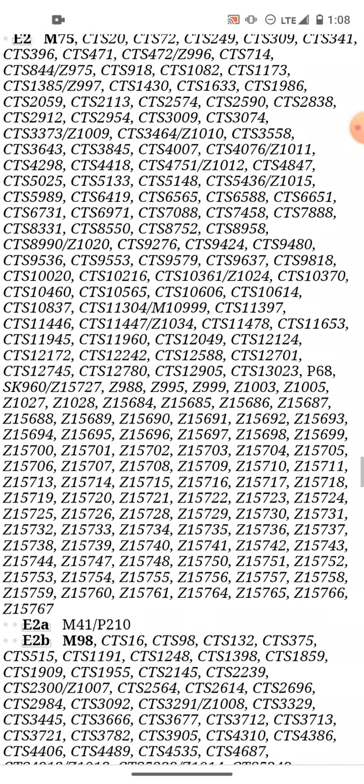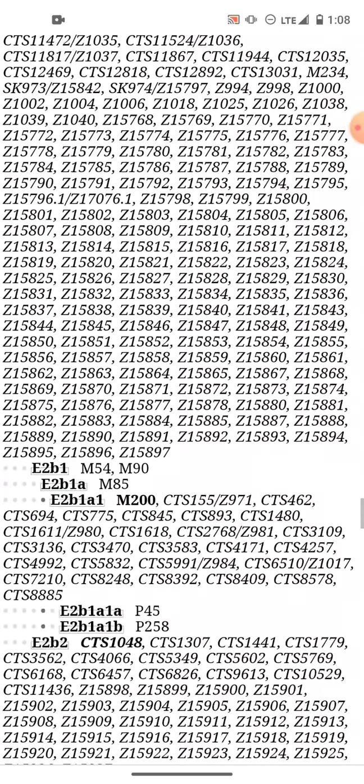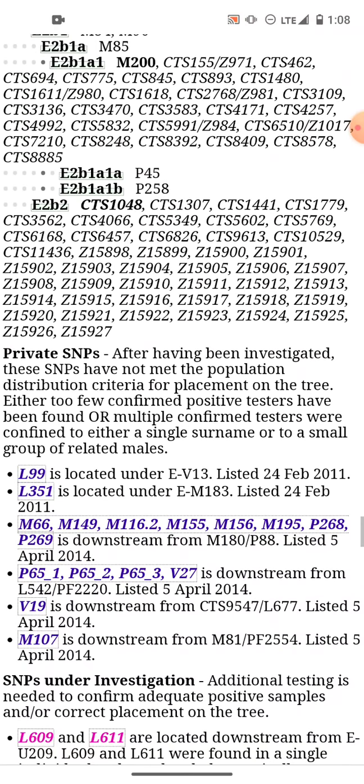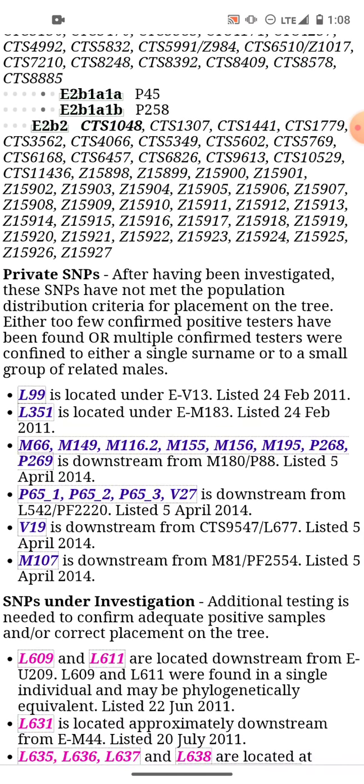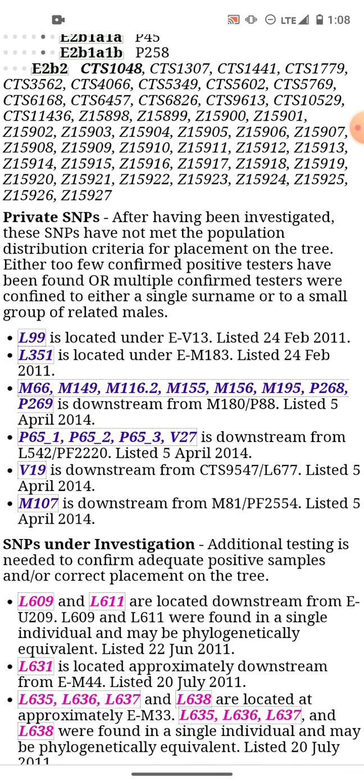So we scroll down, and okay, so here we go. M66, M149, that's Judah. M116.2, that's Levi. M155, not sure who those are. Is downstream from M180, P88, listed 5.